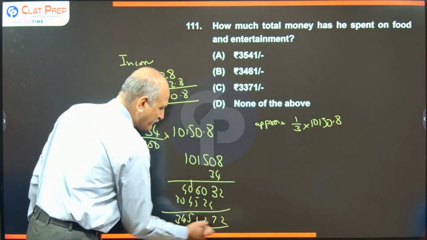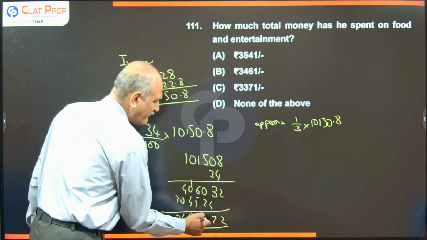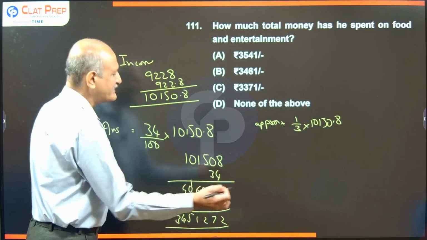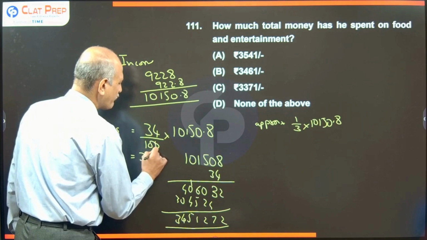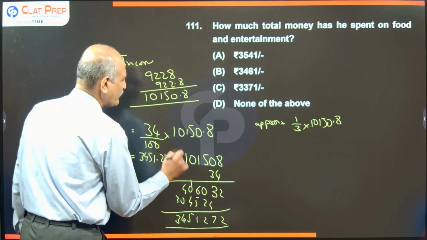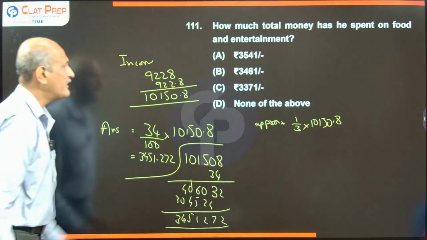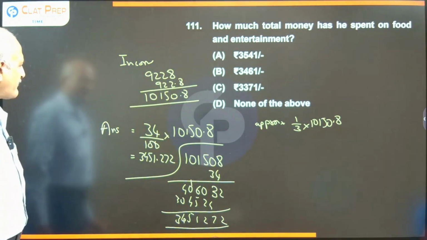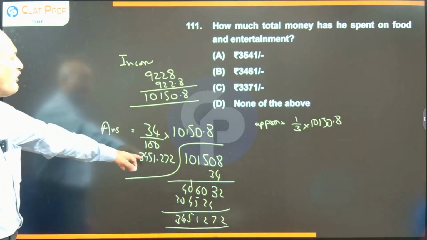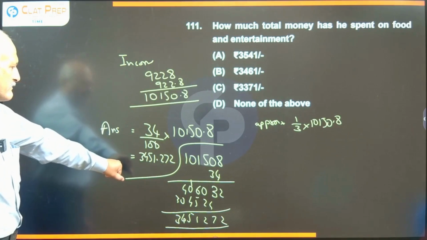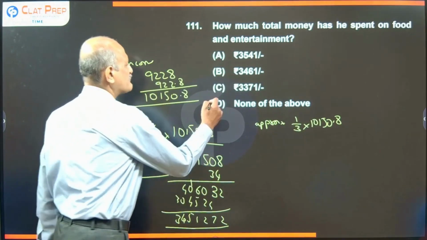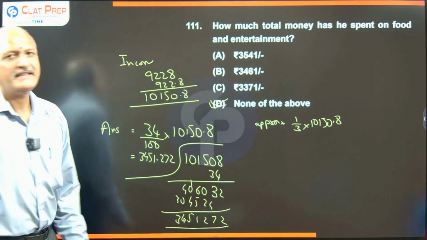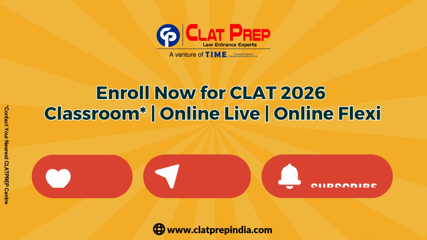Dividing this by 1000 here, we are going to get 3451.272. So I can tell the value for this one is 3451.272 here. From the options, we are actually getting 3451 here. From the options we see it is there in none of this, and that is the answer.